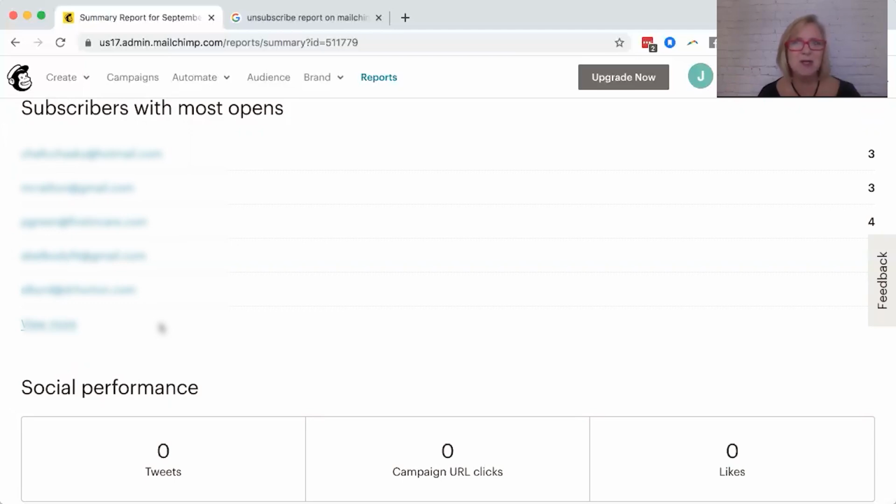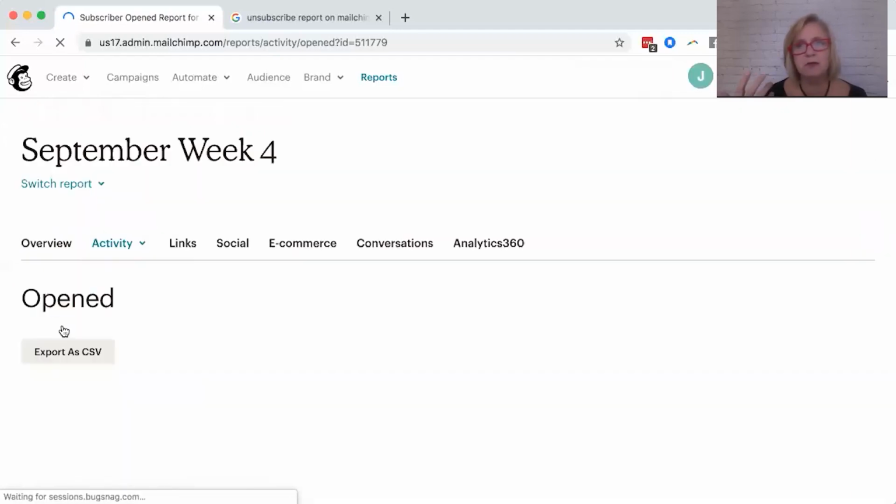So I think that's really, really valuable information. So it would be really smart to set aside some time when you do your analysis of your emails, and go through these numbers every week, to block a little bit of time off to also follow up with some of these people. And if you by chance have their phone numbers, then call them.